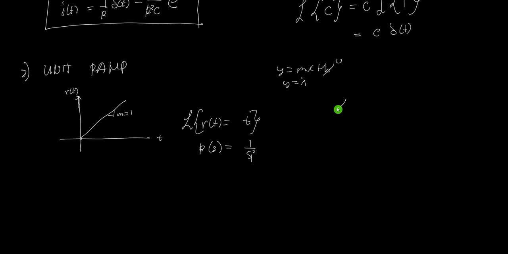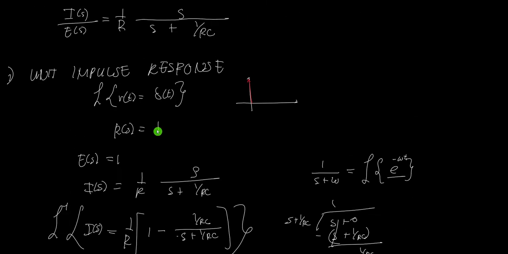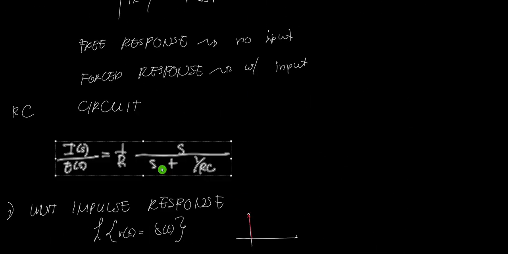So remember, the Laplace of t raised to n is just equal to n factorial divided by s to the n plus 1. In this case, our n is 1. So if we take the Laplace, n factorial is 1, then n plus 1, 1 plus 1 is 2. So 1 over s squared. So if we apply that input again in an RC circuit here, let's copy this.